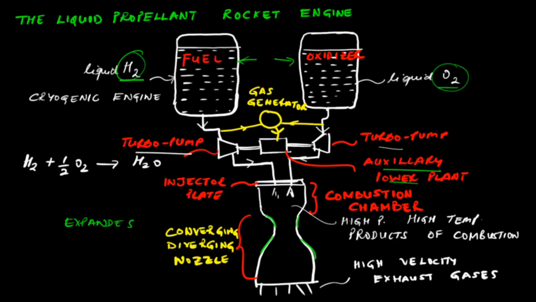So one might be interested in what is the velocity of the exhaust gases that one can attain over here. So what thermodynamics tells you is not the velocity that you would get in a practical engine. But what thermodynamics will tell you is the maximum possible velocity.